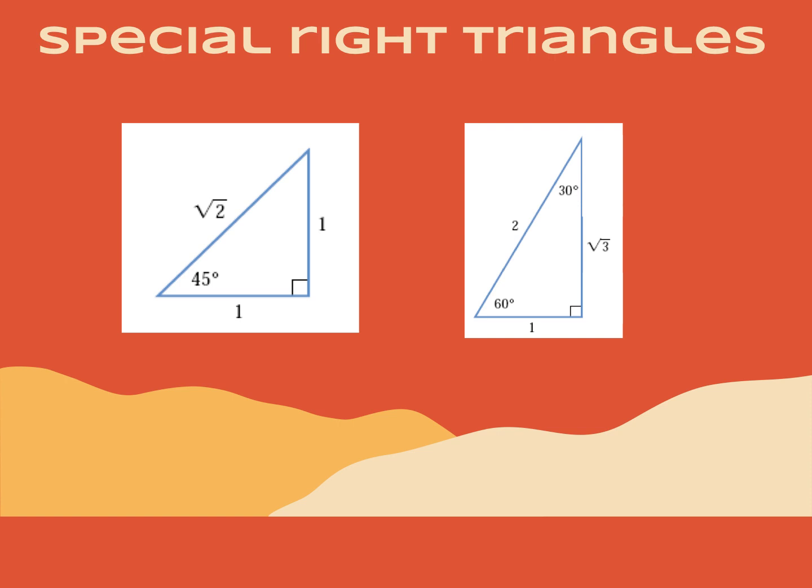The first one on the left is called the 45-45-90 special right triangle. Notice if you have 2 congruent angles, then we also know that the sides opposite those 45-degree angles are going to be congruent.